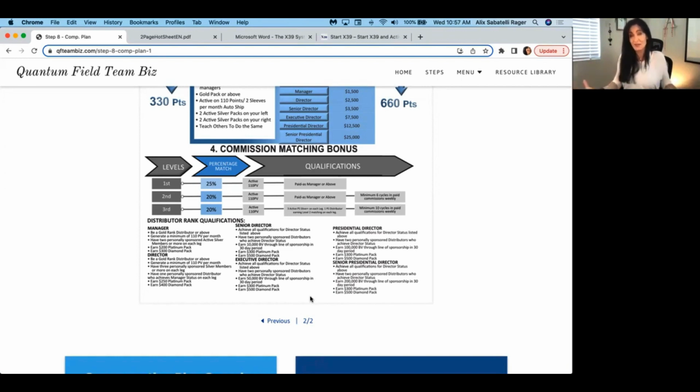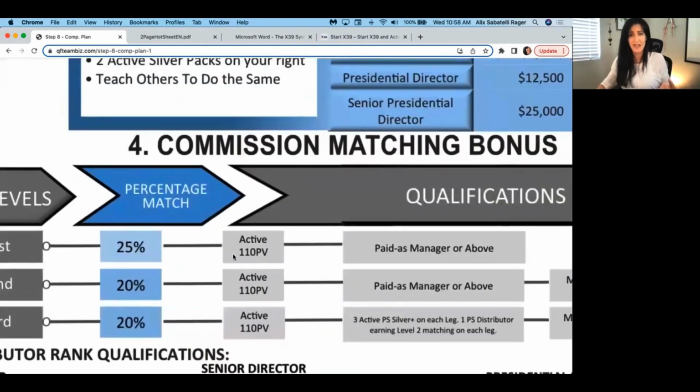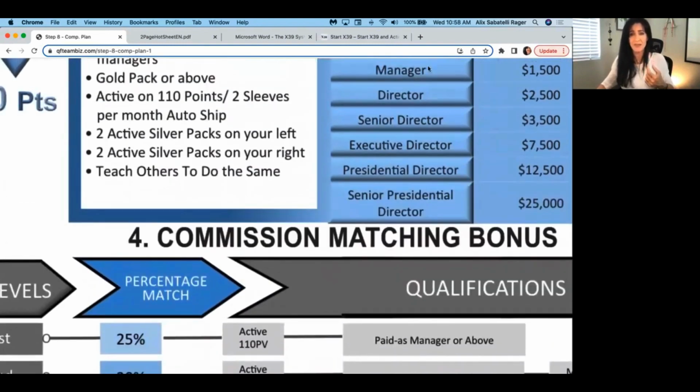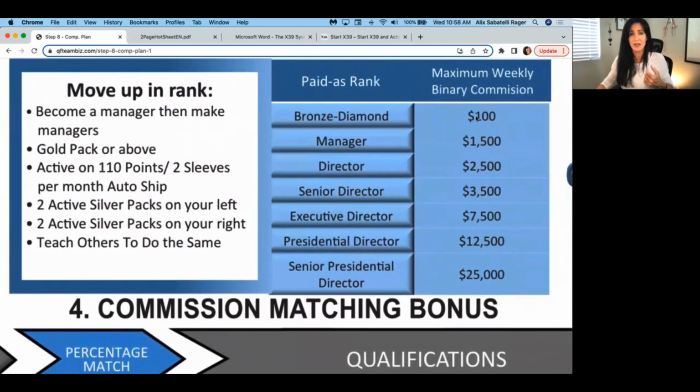And what happens is, as your team's growing, if you stop, you can lose the buckets that are filling with business volume that you can earn. If you bring in people that are bringing in more and more volume, then you're able to access it. Let's say you are a manager and you're only able to earn $1,500 maximum in your binary cycle pay, but somebody that you brought in was a rock star and goes straight to senior director, and they're generating more points.